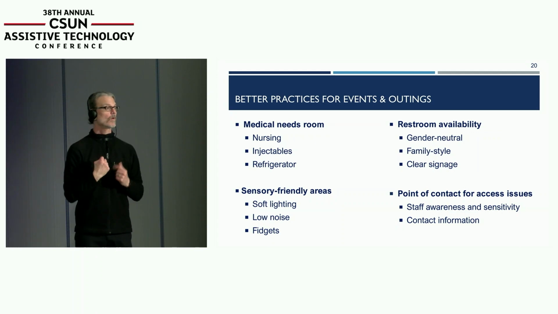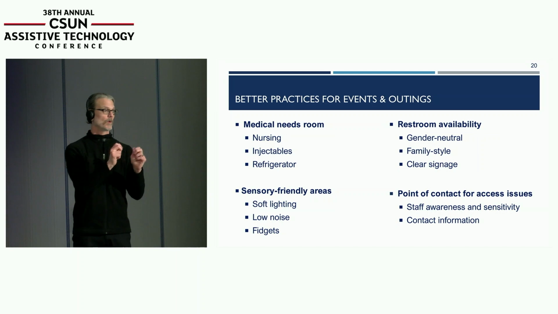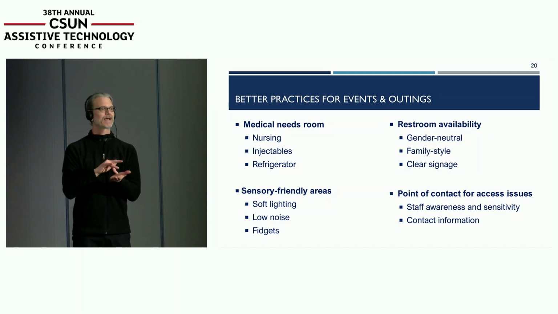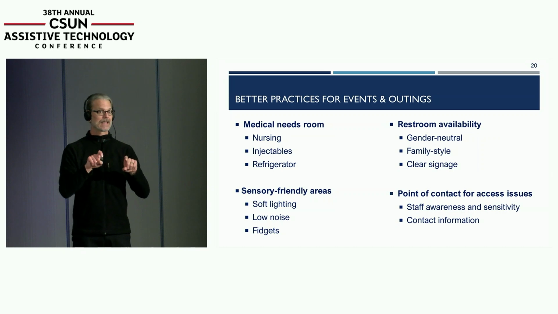One amenity that can be helpful both to those without disabilities and those with disabilities is a medical needs room, a designated space that people can use for any medical-related need, whether nursing, administering an injectable, testing one's blood sugar.